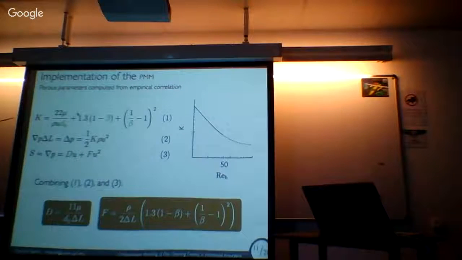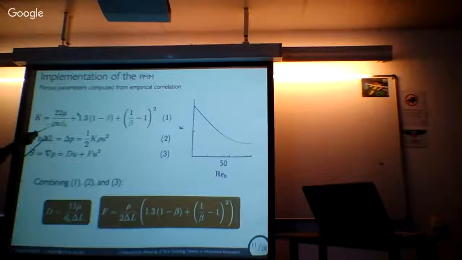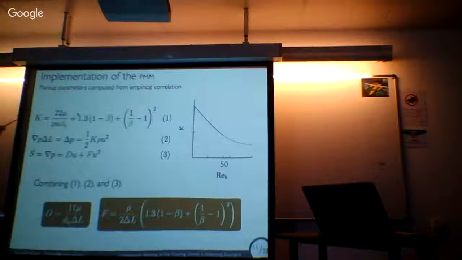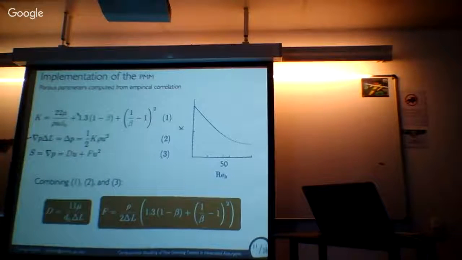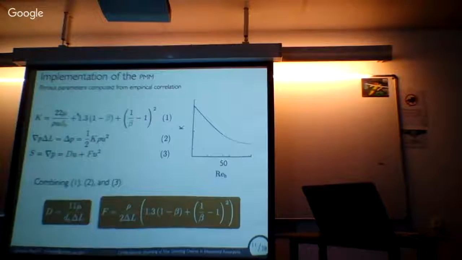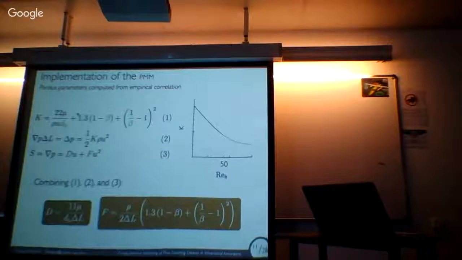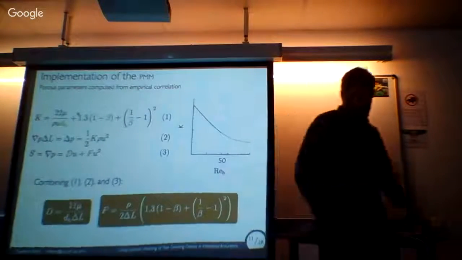But once we have this, we only need to introduce the geometric parameters here: the characteristic length and the porosity parameters. From there, we relate this to an expression for the pressure drop, and from there we can easily find an analytic expression for the coefficients D and F. So we don't need to do anything too complicated here, only plug in numbers and we find our coefficients.